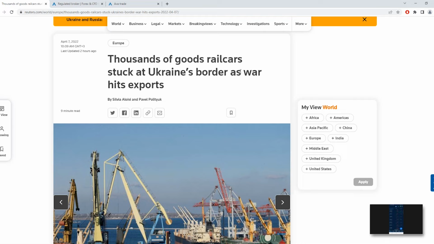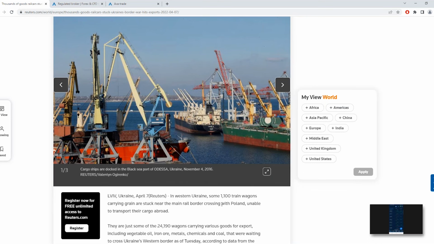And so what's on those rail cars? Largely grain products, which you can trade on wheat on our platform, and other products as well. They go on to list in the article, but the first thing they mention are 1,100 train wagons carrying grain that are stuck and unable to be exported.